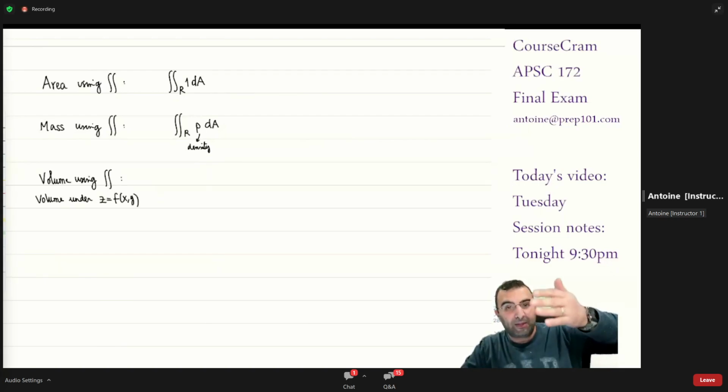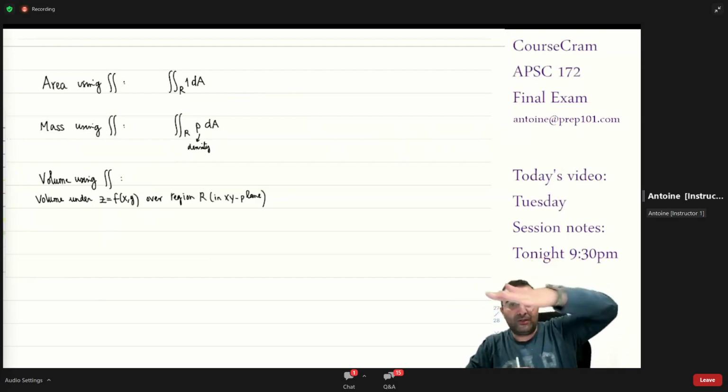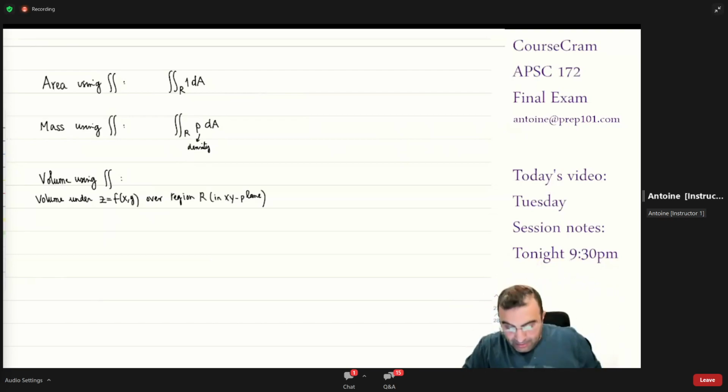We're talking about the volume under the surface over the region R, and the region R is in the xy plane. So you have a surface, and you're finding the volume under the surface over a certain region in the xy plane. That would be volume equals the double integral over the region R of f(x,y) dA.